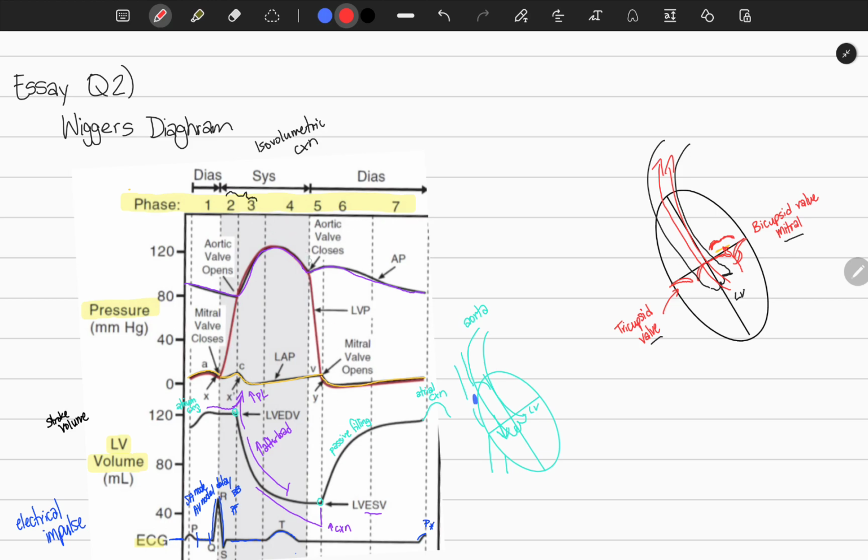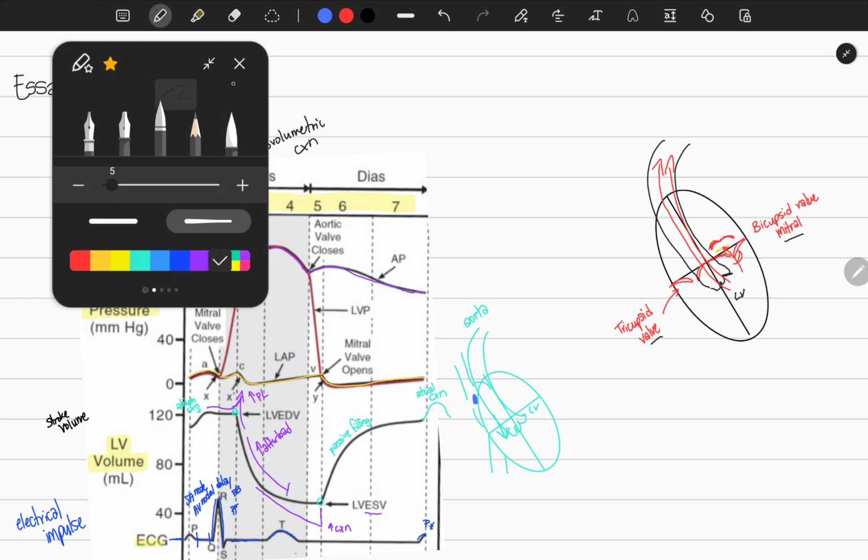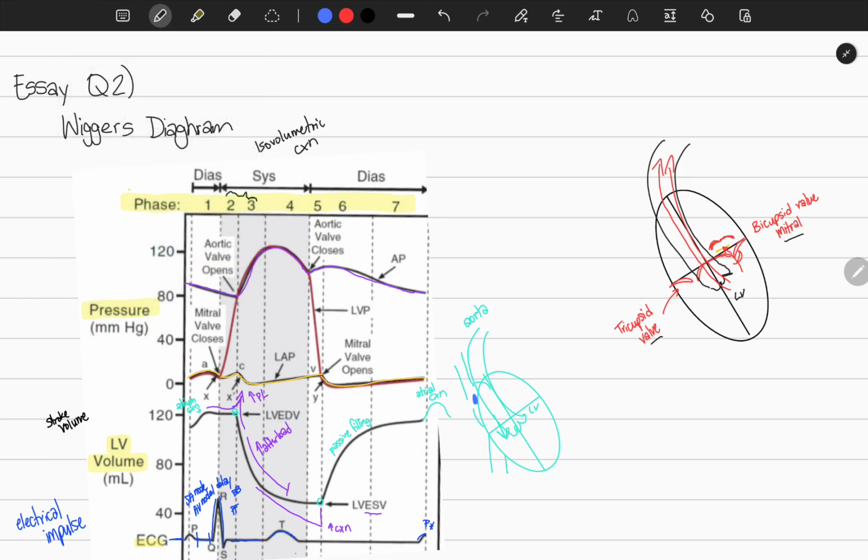But for the aorta, you see that the aortic valve, which was open to the left ventricle, will close, and then it will taper off the pressure in the left ventricle, taper off the pressure in the aorta as it goes to the rest of the systemic circuit.